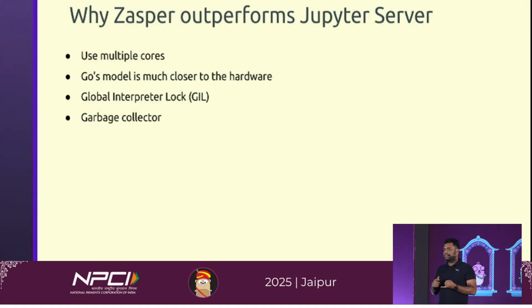Fourth is the garbage collector. For any highly scalable application we are building, if there's a lot of garbage and the GC kicks in, it makes matters worse. That's why Jasper properly maintained garbage collection as well, so we didn't have many issues, but Python suffers because of the GC.